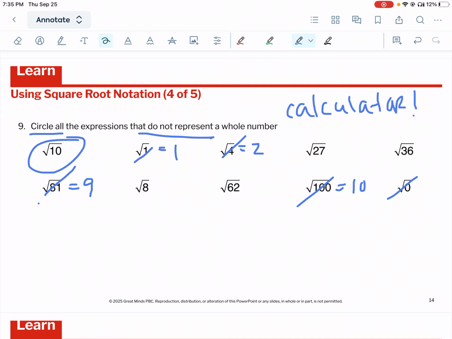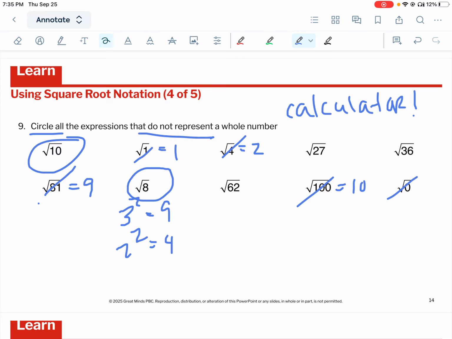But 2 times 2 is 4. But I know that 8 will sit somewhere between 4 and 9. So this would definitely be a partial number or a decimal number. So that's the number you would circle.